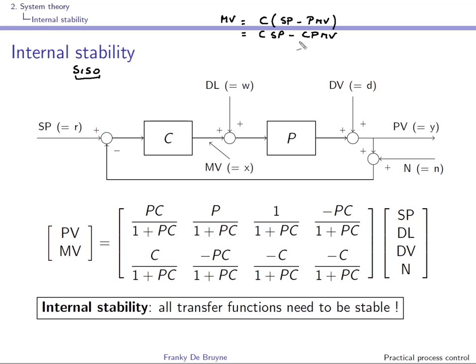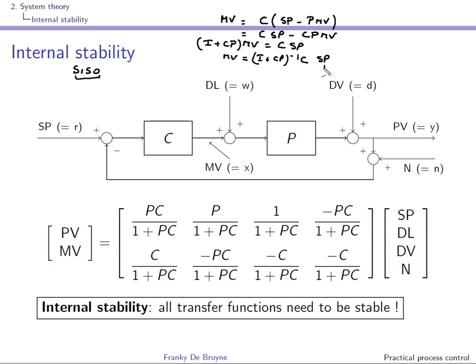So we take this one on the other side. We are assuming here that we are in the multivariable case. You would have an identity matrix plus CP acting on MV is CSP, and MV is this matrix inverse. We are multiplying this equation by the inverse of this matrix over here, CSP.